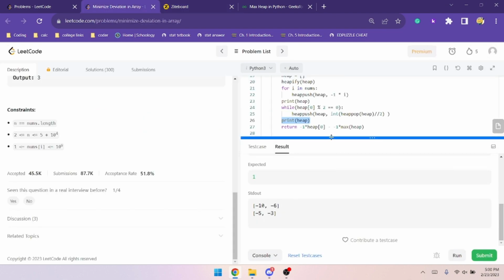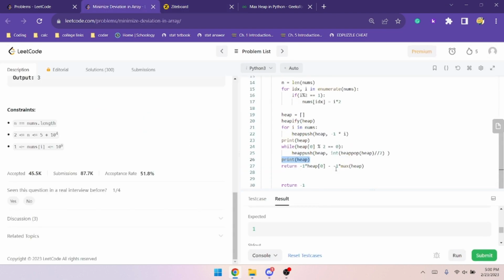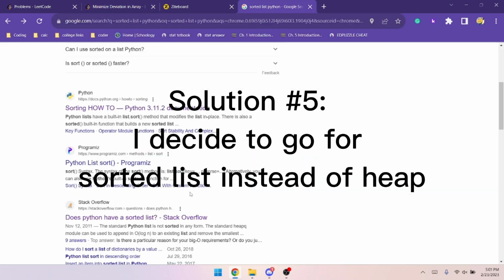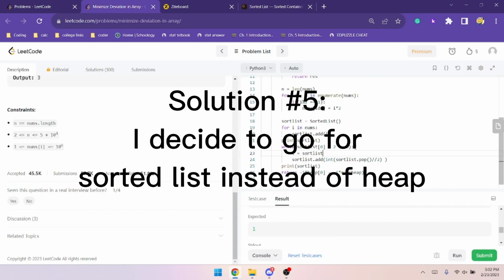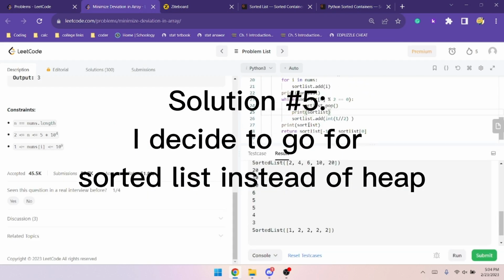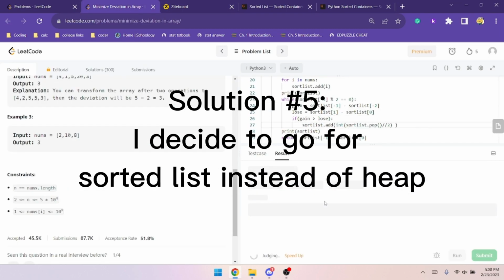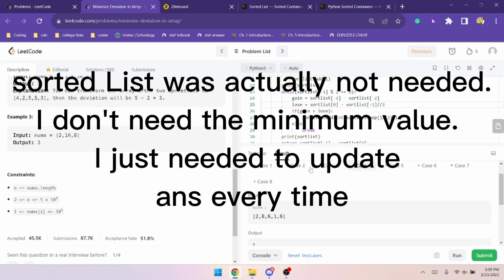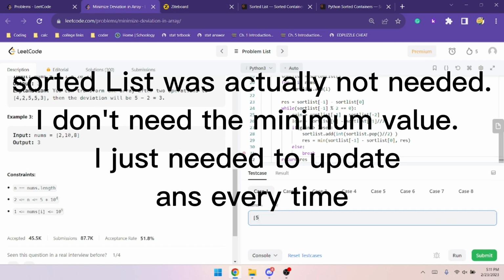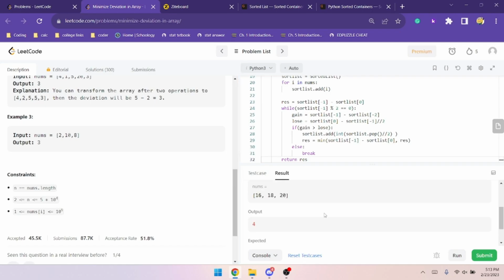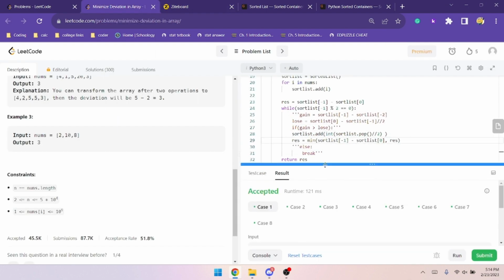Maybe I shouldn't use a heap. Maybe I should use a sorted list. Nothing bad. If nothing bad happens, nothing bad happens.